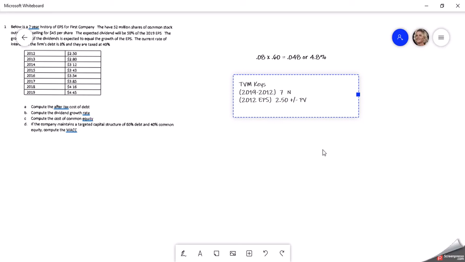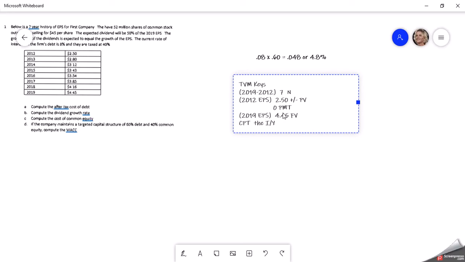Then there's no payment, so we're going to zero out the payment. And then the 2019 earnings per share is going to be our future value, and that is the $4.45, and again, that would be positive. Then we will compute the IY.